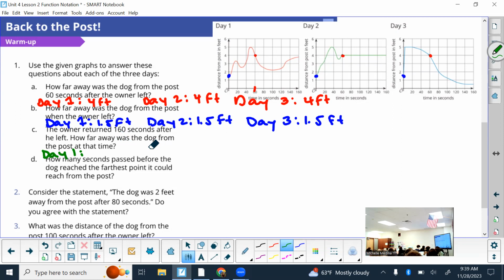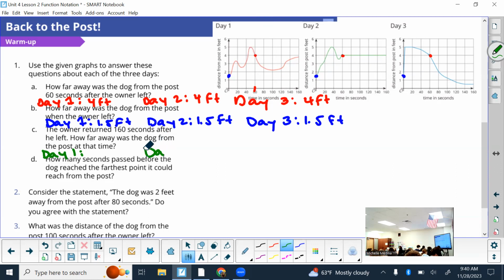So look at your day 1 graph, find where 160 seconds would be, and see where it touches on that line. What would that distance be? Approximately. We'll come back to you, table 7.